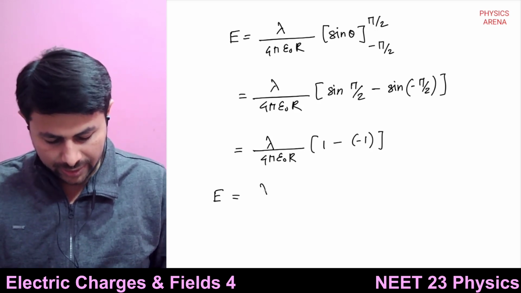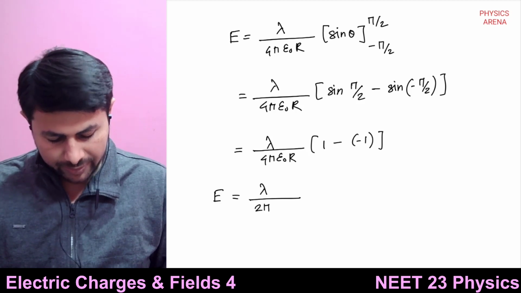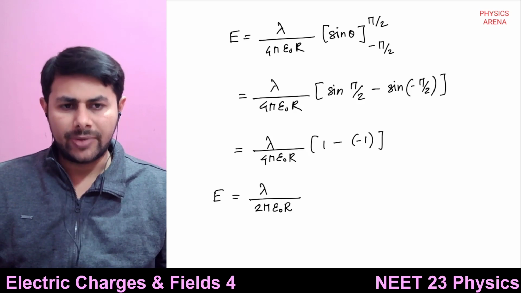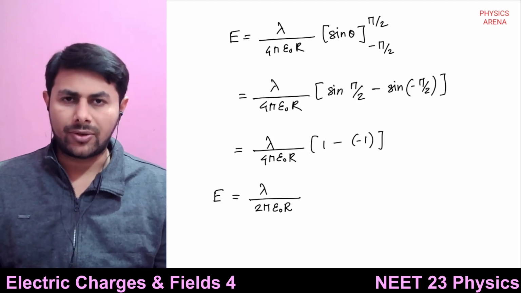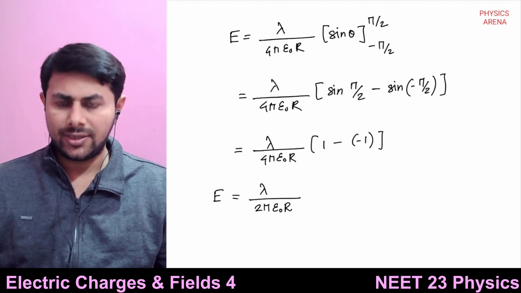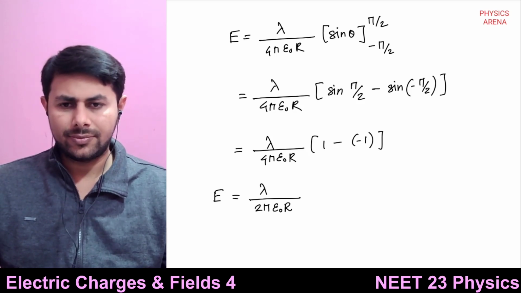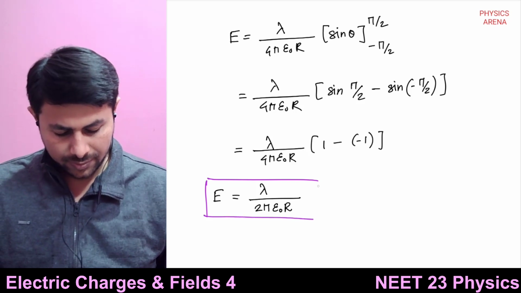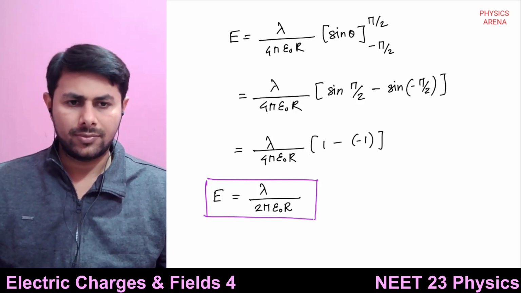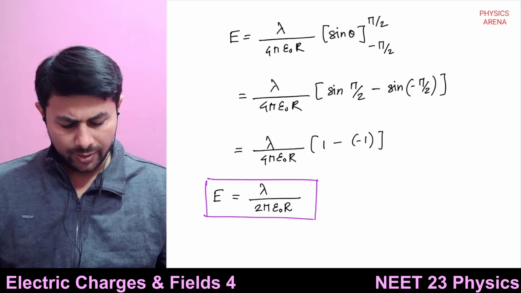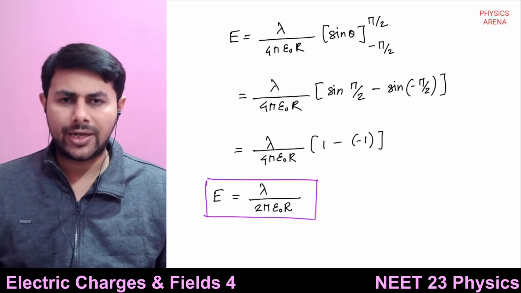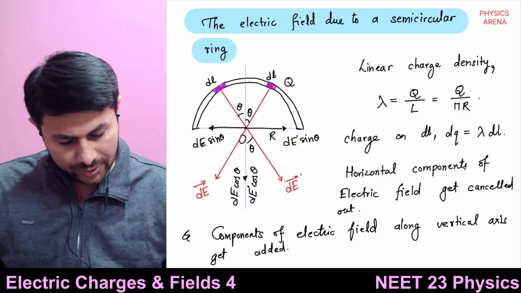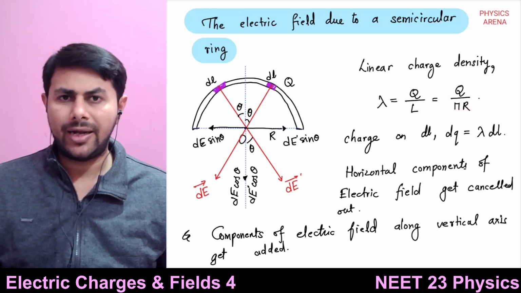So this is the electric field, lambda divided by 2 pi epsilon naught r. This is the electric field due to a semicircular ring. Is it clear? Okay, good. And then if we want, we can substitute lambda. What is lambda? It is q divided by pi r.